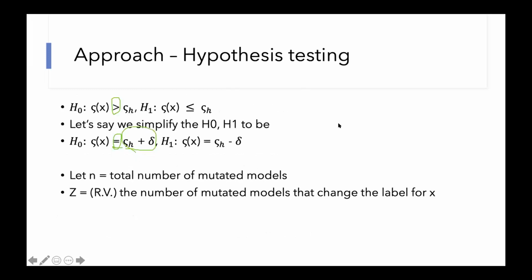I think I need to recap some of the statistical knowledge. Epsilon x is a random variable, and this threshold epsilon h is a manually defined value, based on human knowledge of probability theory.